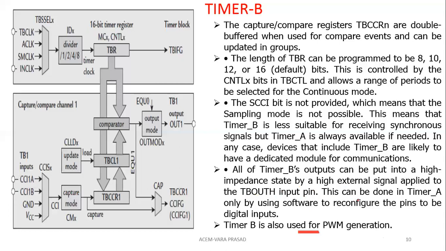This can be done in Timer A using software, but here we can do it with an external signal. Timer B is also used for generating PWM, pulse width modulation.